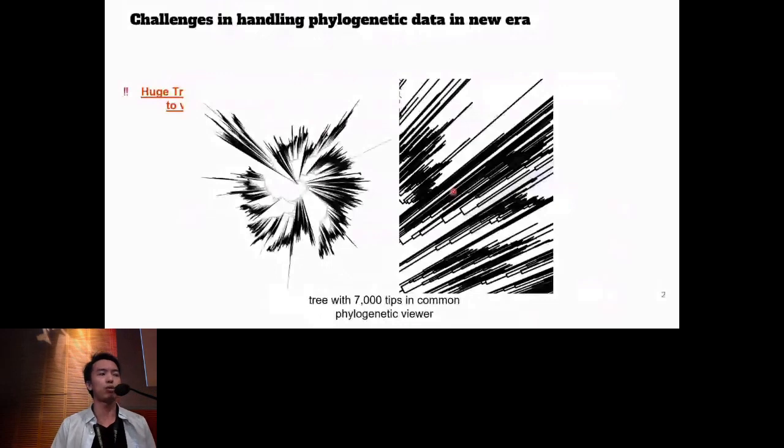First of all, huge tree visualization. In our lab, we host the ETE Toolkit, which is a Python framework for analysis and visualization of trees. And this year, we are marching to version 4.